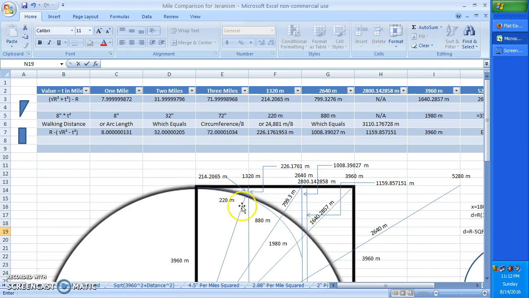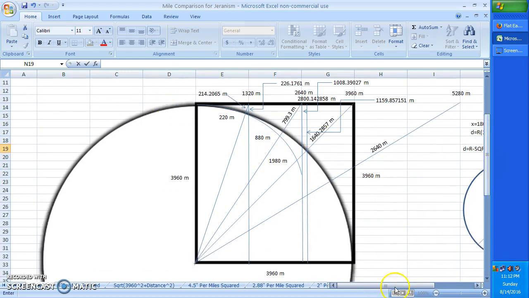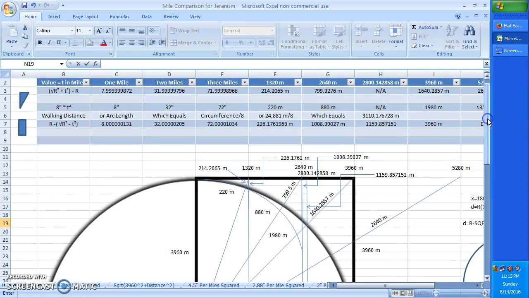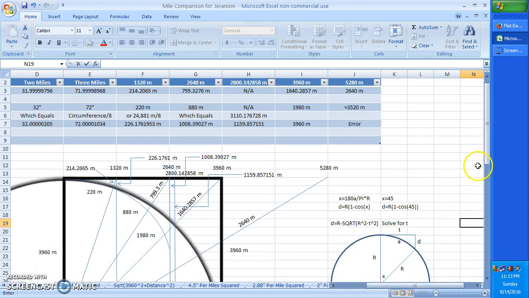Well, this being a perfect square, and representing 1/4 of a circle, this distance is 1/8 of the circumference of that circle. So if we take the circumference of the circle, 24,881, plus the decimals, they are included, and divide it by 8, we arrive at 3,110.176728 miles.